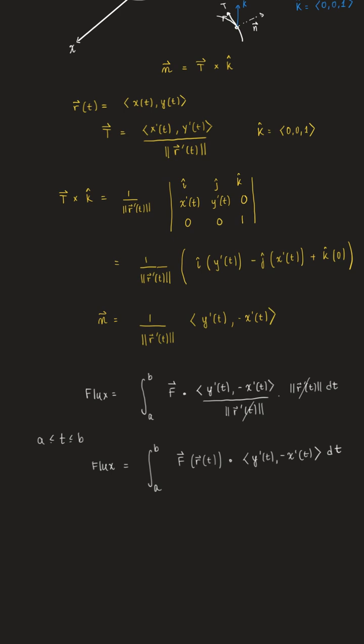There are different forms that we can use for flux, but this is our introductory video, so this is a form that we can use and apply to find the flux. We can also write this in different forms. We'll talk in the next video about the differential form of flux. But recall, just as a summary, flux measures how aligned our vector field is with the normal vectors along our curve.